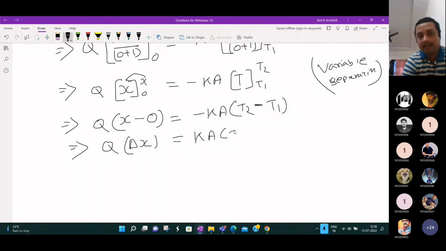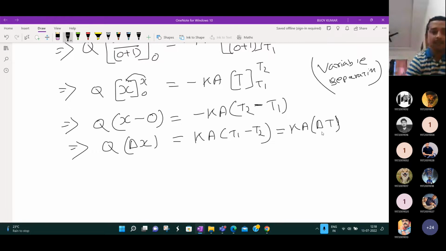Can I write it T1 minus T2? Because the minus sign is there, I just put the minus sign inside. So T2 minus T1 will now be T1 minus T2. Now, can I write it Ka delta T? So can I write it as Q delta X is equal to Ka delta T.